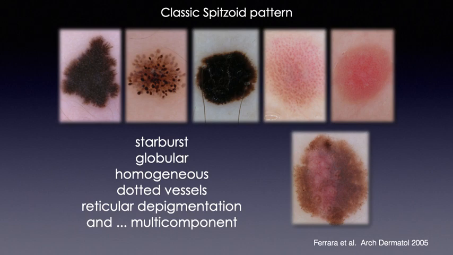In non-pigmented lesions we have dotted vessels distributed all over the lesion in a symmetrical way, or the so-called reticular depigmentation, whitish lines in between the vessels or the globules of the lesion. But some Spitz nevi can also present with a multi-component pattern, so a melanoma-like pattern.